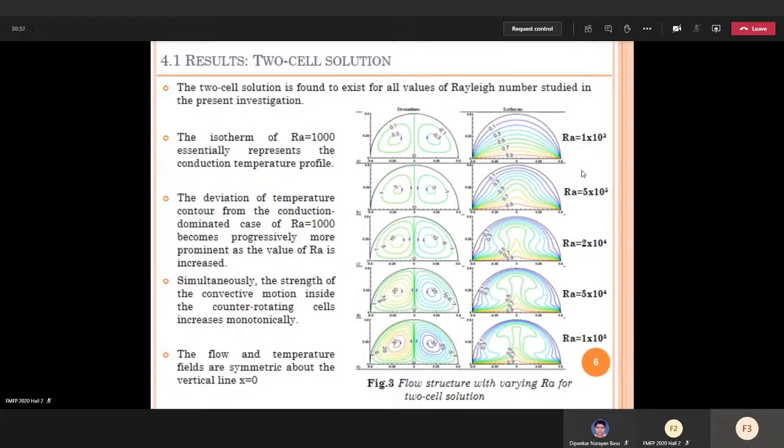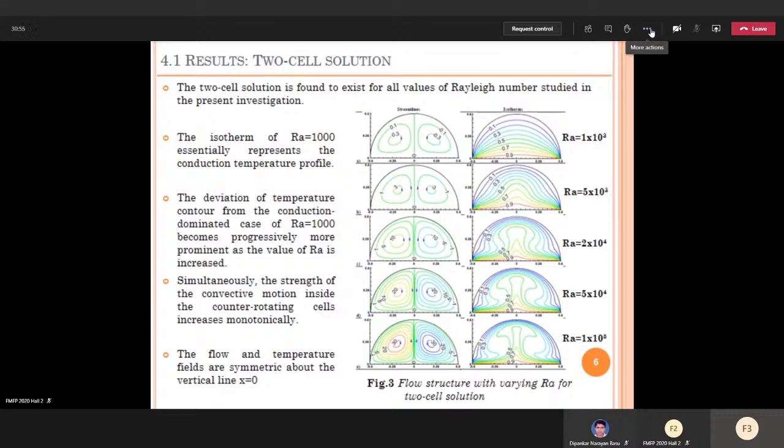First, it's noted that for all values of Rayleigh number that are studied, the flow structure appears in the form of a pair of counter-rotating convection cells. So the two-cell solution, which is found for all the values of Rayleigh number, is shown in figure 3. In figure 3 we present the contours of stream function as well as contours of static temperature.